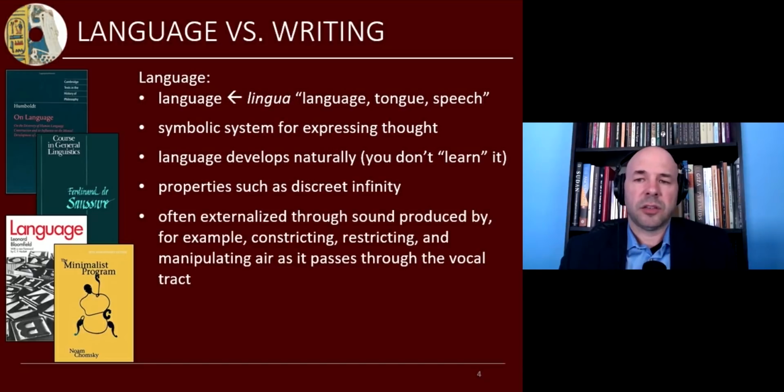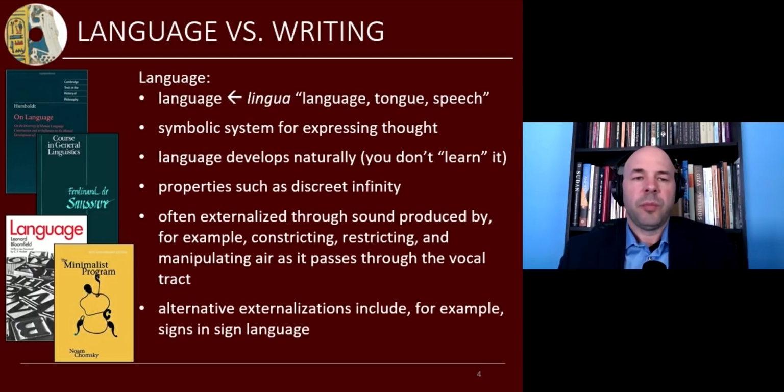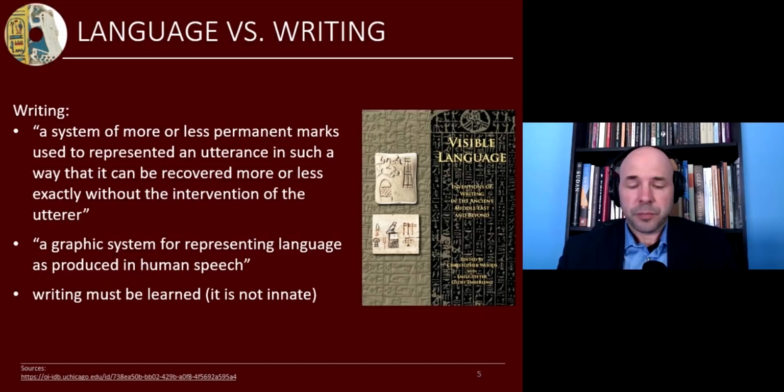And it has certain properties. You often think of language as being externalized through the spoken variety, through your voice, but you can also externalize language in other ways, including sign language, an alternative way to externalize this symbolic system that we use for expressing our thoughts.